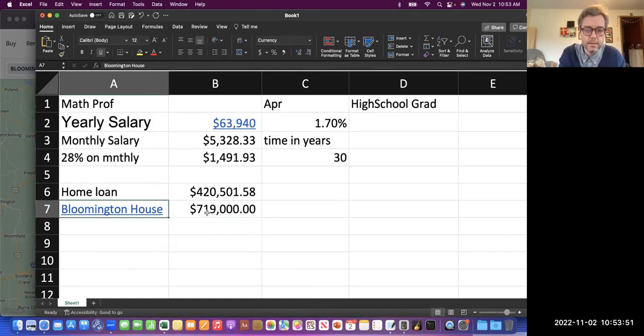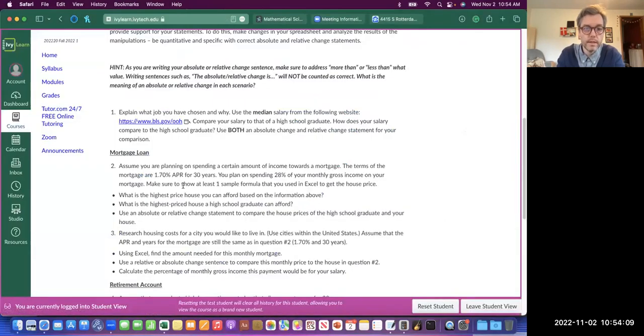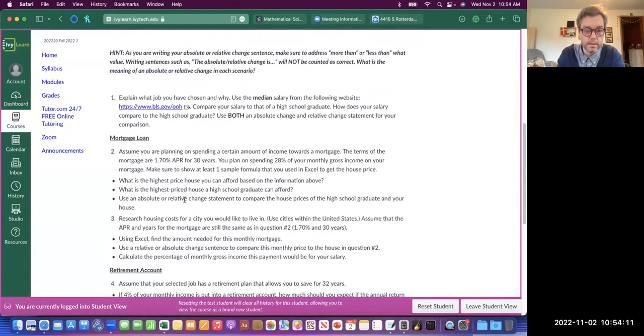So the Bloomington house is really expensive. What would be the monthly payments on that? All right, so monthly payments on that house equals, let's go back. I know I'm going fast, but I have to because I only have like 5 minutes to do this.